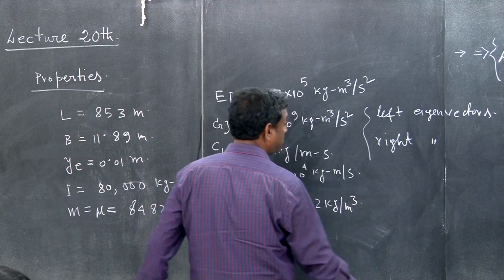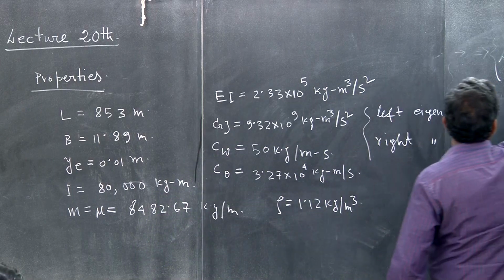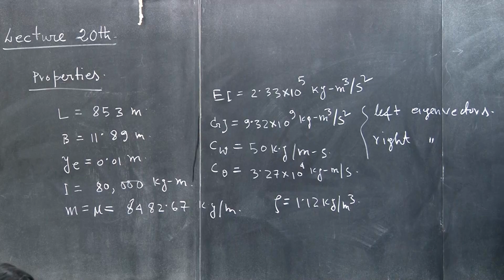So all these properties you take and substitute in the matrices. Then you will get the mass matrix, the damping matrix and the stiffness matrix, and you will get the numerical values.